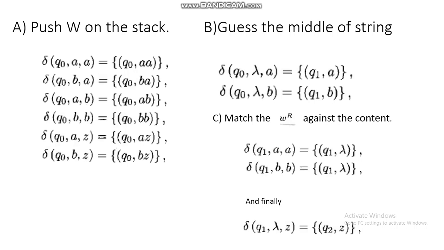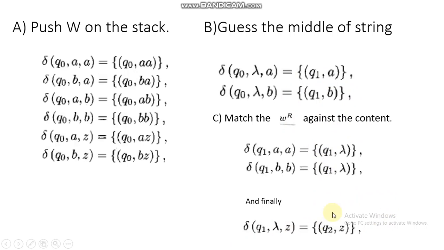So by checking the string, if in state q1 a comes and a is on the top of the stack, then remove it. If b comes and b is on the top of the stack, remove it. But this is done in q1 and pushing is done in q0. These states are different. Pushing W onto the stack is done in the q0 state, and guessing the middle and checking the content is done in the q1 state.